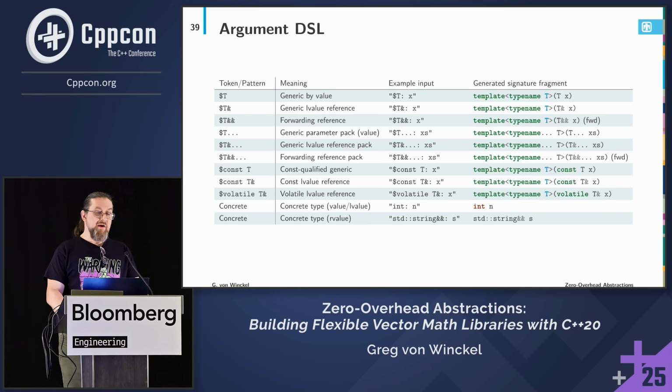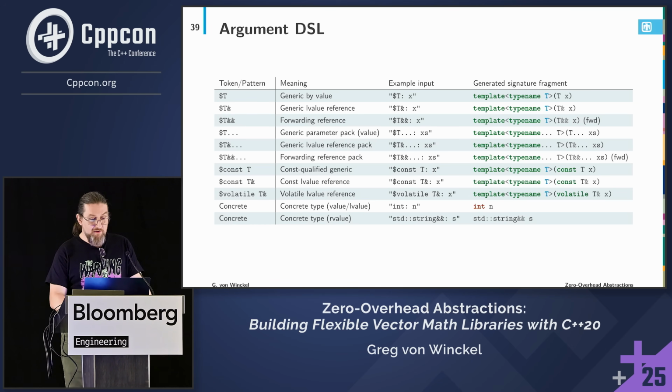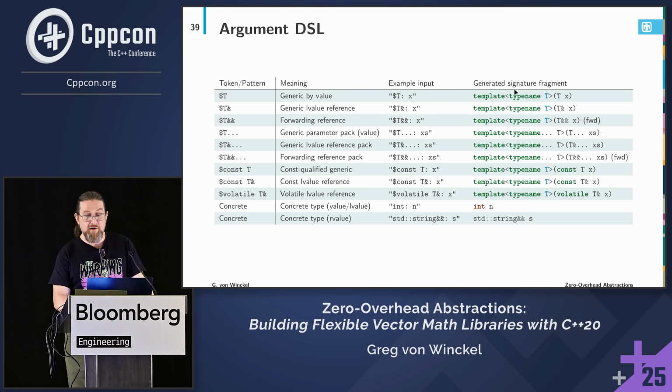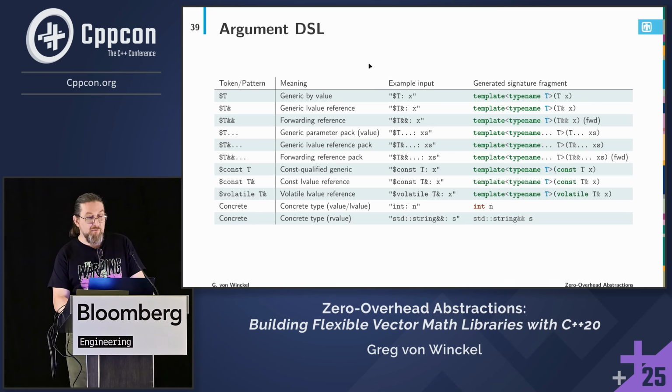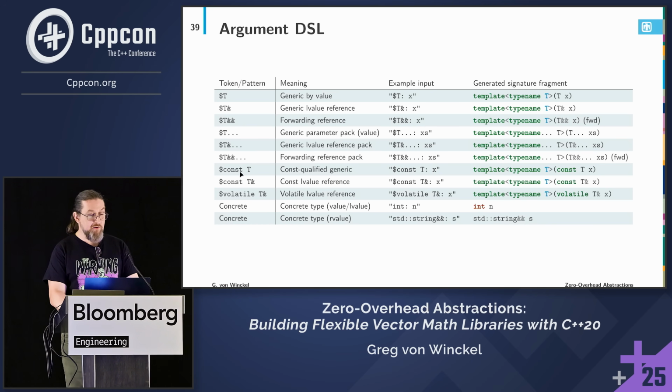This is what the actual syntax of the CPO generator does. If you pass in, like I said, a $ sign, then it generates template typename. It keeps track of lvalue and rvalue and forwarding references. It keeps track of the variadic arguments and const. The order doesn't particularly matter.